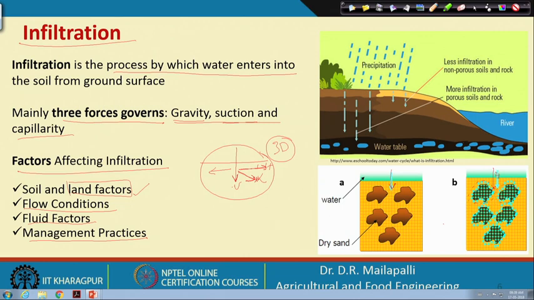Once that is done, if water is still falling, the adsorption increases, the soil gets saturated, and then you get gravity flow. With the gravity flow, the wetting front moves from top to bottom.